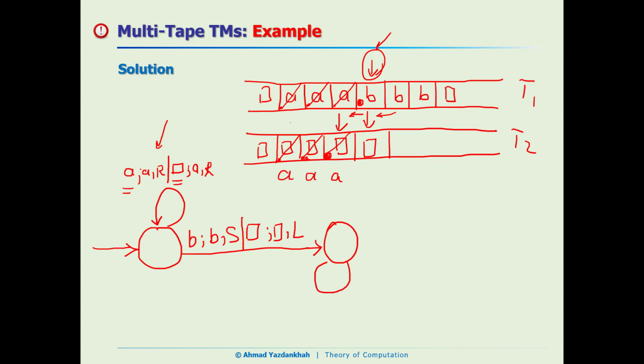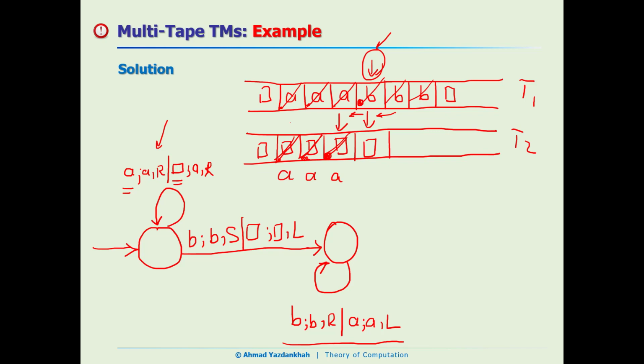So let me create a loop here. I would say if it is B, don't change it, go to the right. At the same time, if it is A, don't change it, go to the left. So what would happen after this loop? All of these B's will be matched with each A here.